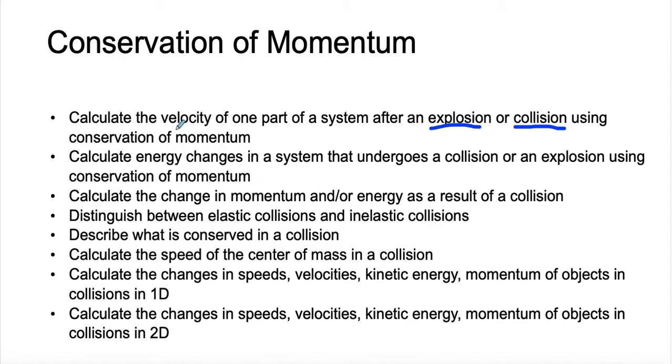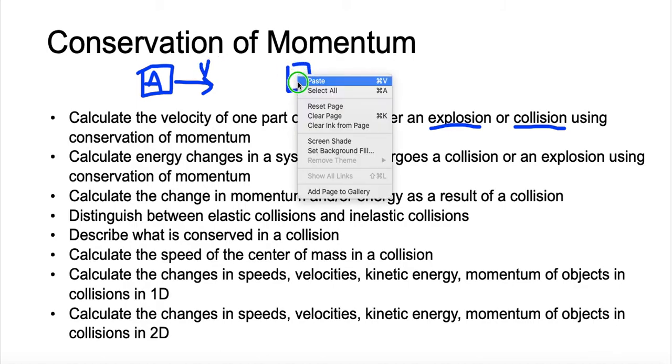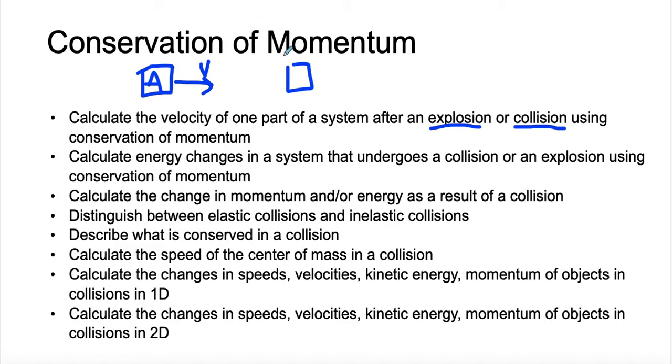You need to be able to calculate the velocity of one part after it. So again, if we have A coming in at some speed v, and then it hits B, and if B is not moving, that's great.